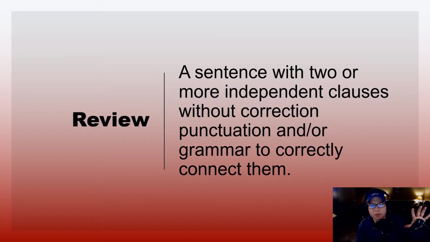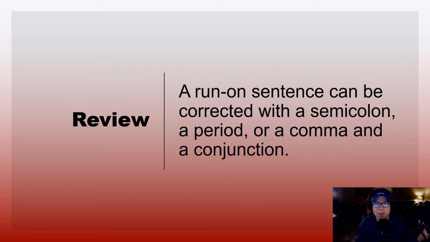Again, let's just review this real fast. A run-on sentence is a sentence with two or more independent clauses without correct punctuation and/or grammar to correctly connect them. And what do you do about it? Well, a run-on sentence can be corrected with a semicolon, a period, or a comma and a conjunction.